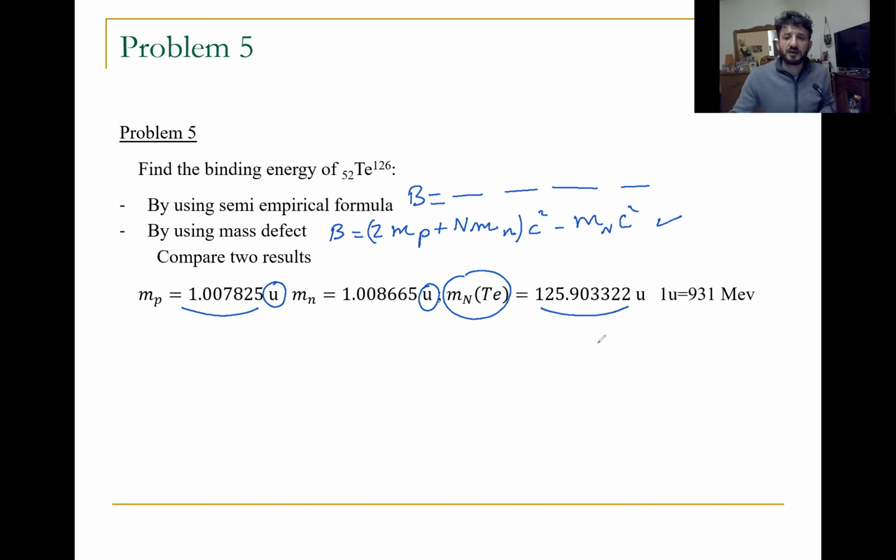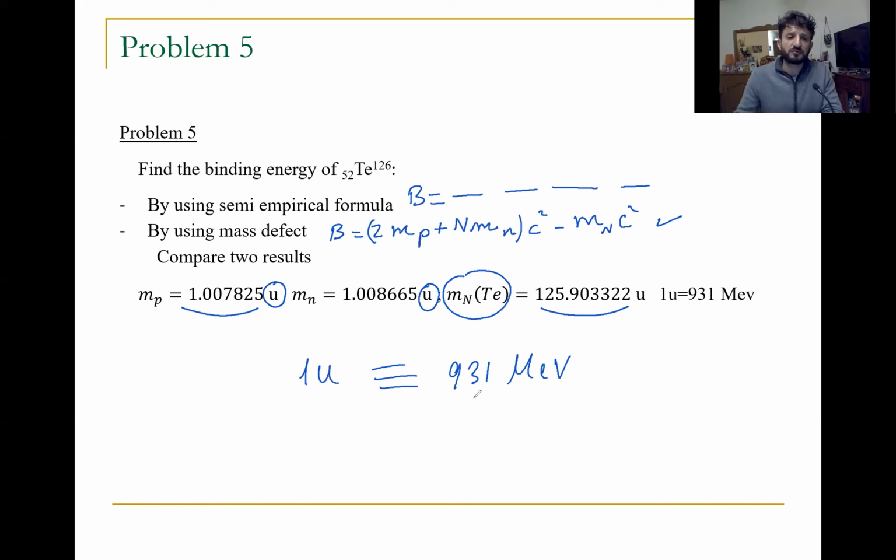Okay? And here we have the equivalence between 1 U is equivalent to 931 MeV. It's not equal, it's equivalent. I talked about this point in the last video.